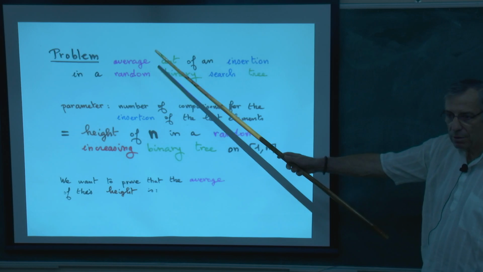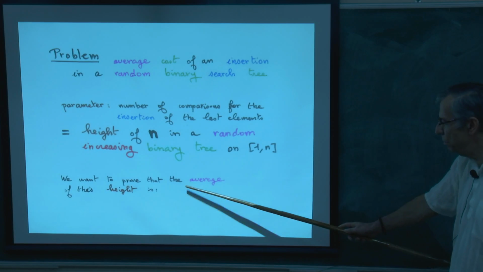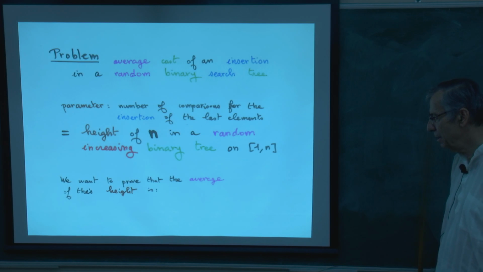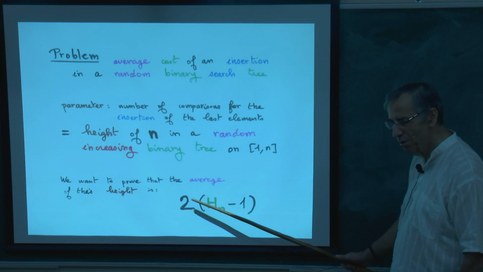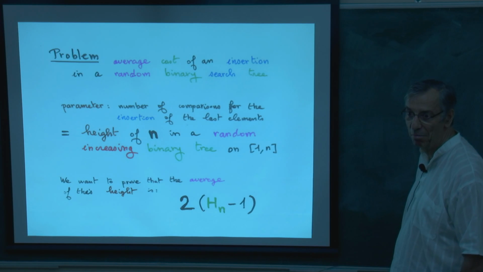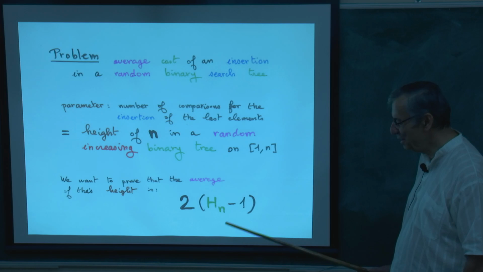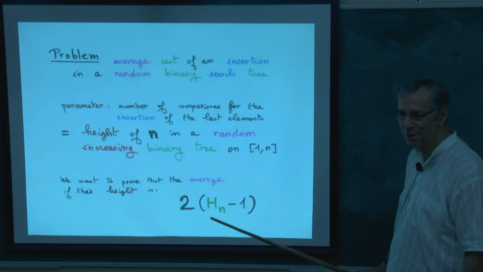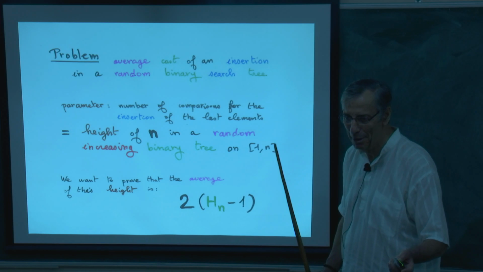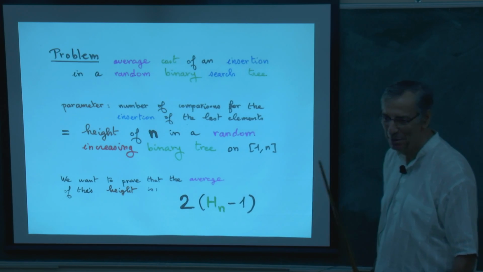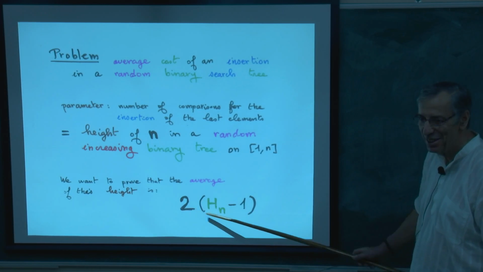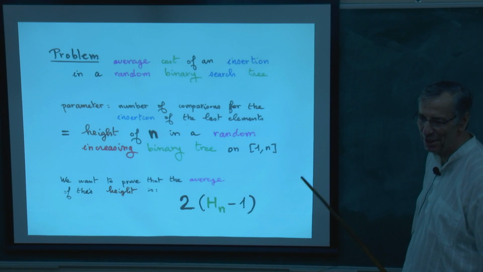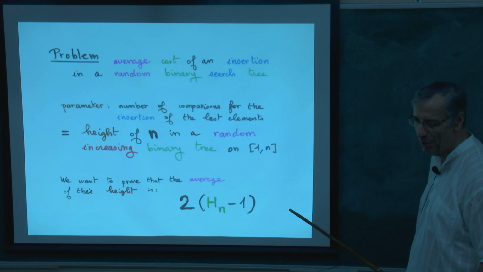And the problem, the sequence of exercises, is to give a proof that this average height is the following: 2 Hn minus 1. So a nice, simple formula. Hn was the average number of left to right minimum elements, so there should be a nice bijective proof of this formula, to understand why it is twice, shifted by 1, the average number of left to right minimum elements.